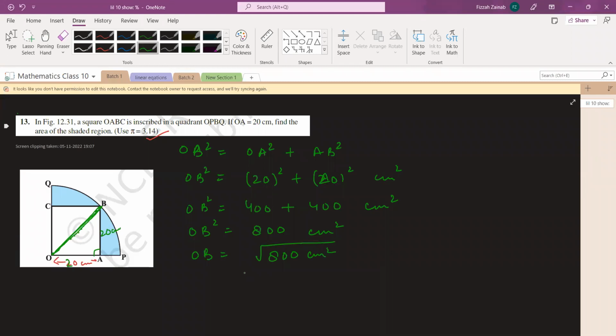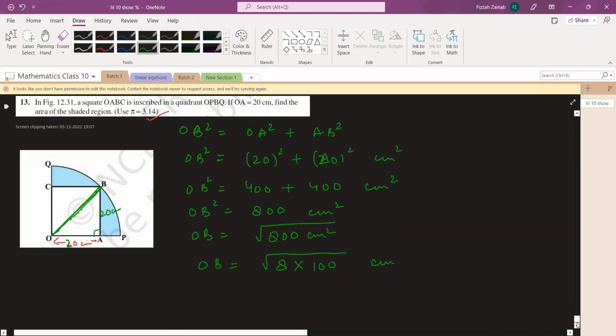So you can simplify this a little bit. This can be written like this: 8 into 100, right, Martin? Centimeter, I can write outside. Now, because 100 is a perfect square, 40, right? Sorry, Martin, is OB equal to 40? No, OB is under root of 800, I'm getting, right? Now I have to solve it.